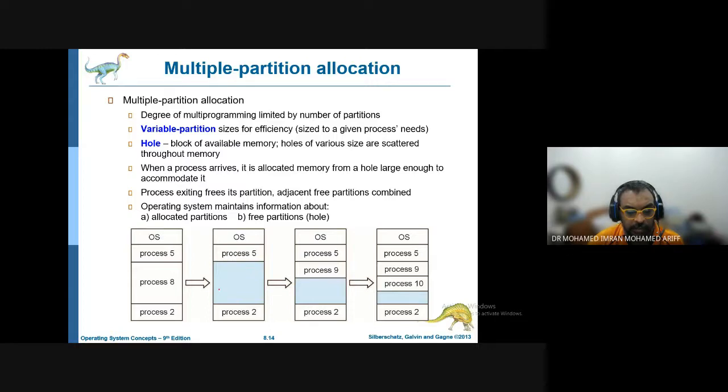What do you mean by disappear? It could be that process 8 has been completed, or there is no need to use process 8 at the moment, so it is swapped out, and a new process 9 comes in. So the sizes are not the same.